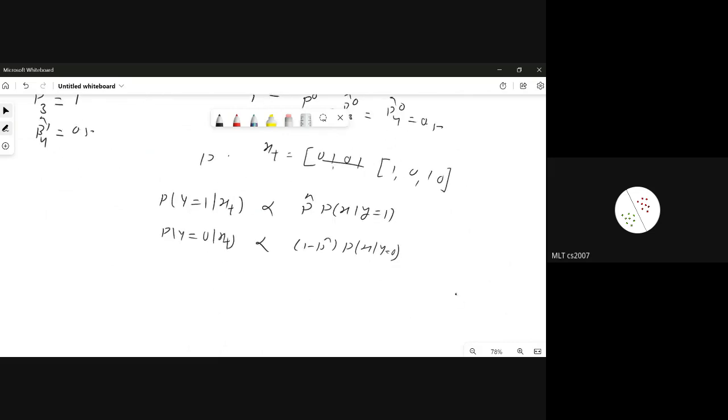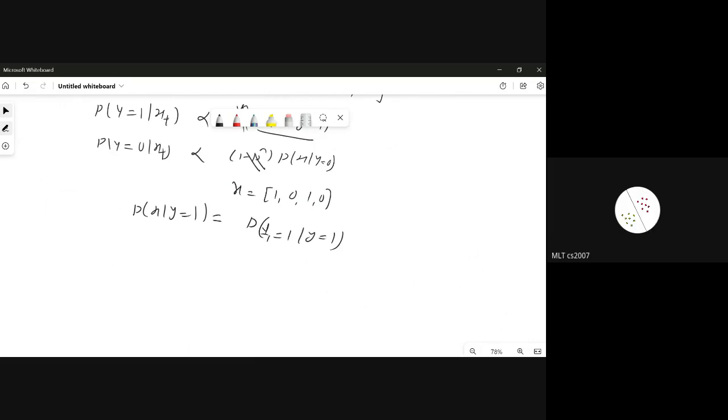This p hat is given as 0.5, so you can even cancel these terms. So what is P of x given y equal to 1? This x is your 1, 0, 1, 0, right? So this is the first feature taking value 1 given y is 1. That's 0.5. This is your p1 1 hat, that's 0.5.